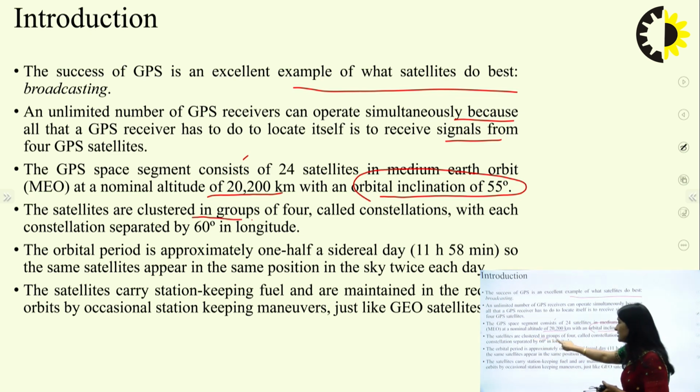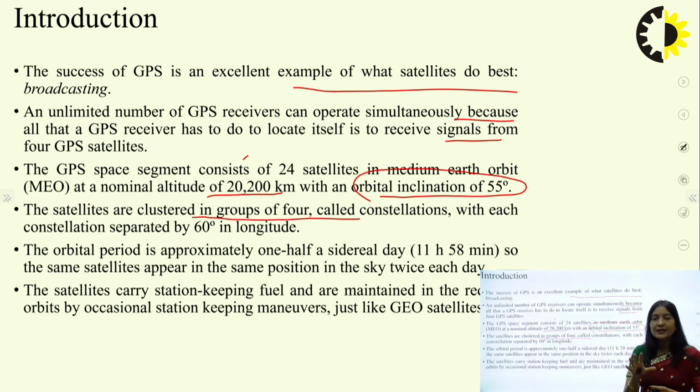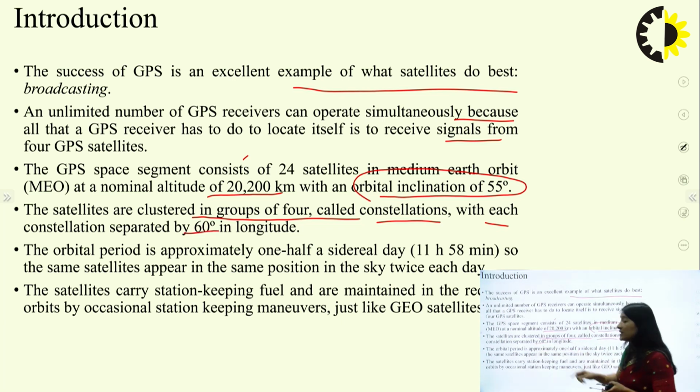These satellites are clustered in groups of 4. The total is 24 satellites, and at a time we need 4 satellite signals, so we group the satellites into 4. This grouping of satellites is known as the constellation, with each constellation separated by 60 degrees in longitude. So 4 satellites work as a cluster, and a total of 6 clusters are available, which are 60 degrees separated in terms of longitude.